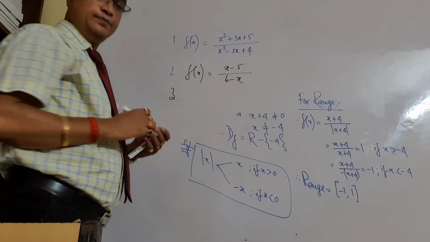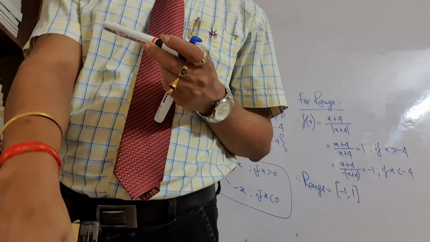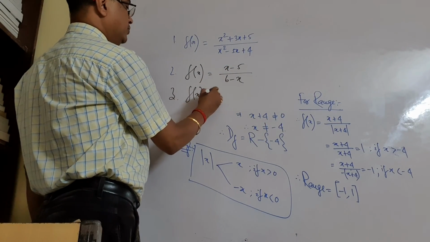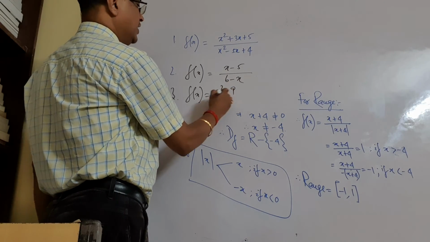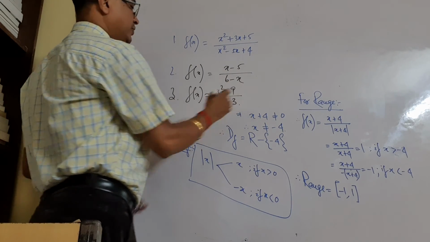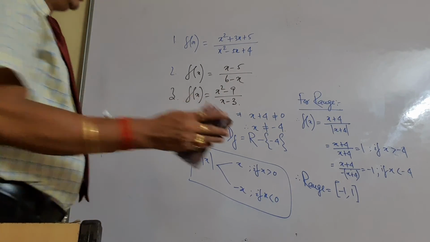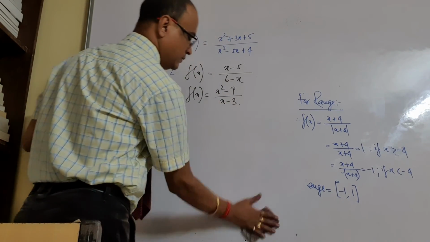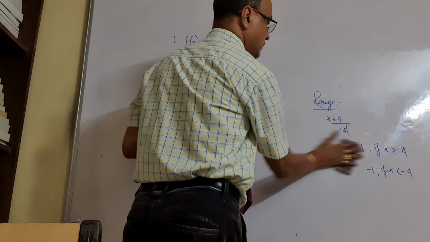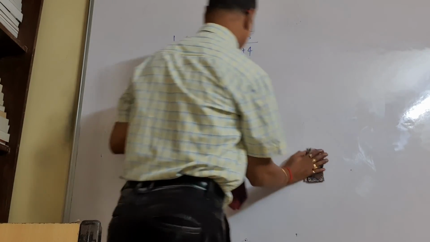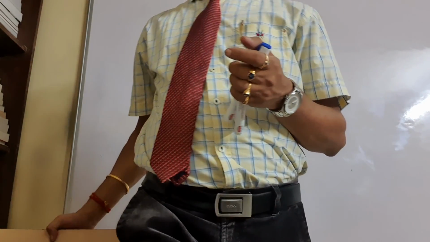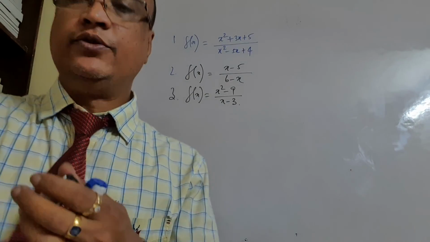Number 3: f(x) equal to (x square minus 9) by (x minus 3). These three sums I wish you try. If there is a doubt, I will help.